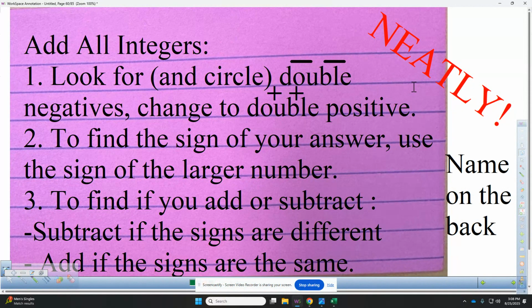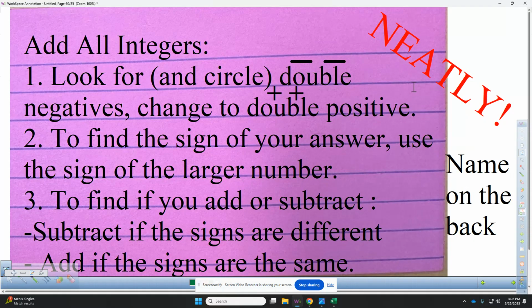Please copy the following down exactly as written. So you have a title that says add. You can actually also put subtract, all integers. Then on a new line, number 1, the first thing you're looking for, and you're going to circle, are double negatives. So two minus signs that are right next to each other.